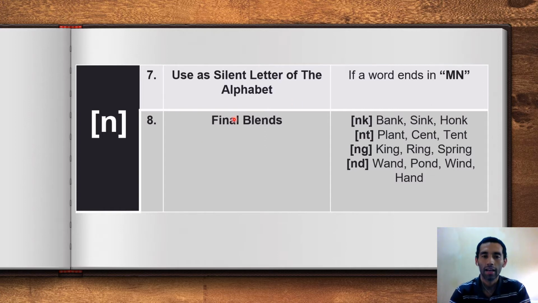Finally, I have the final blends, and we have enk as in bank, sink, and honk, ent as in plant, scent, ten, eng as in king, ring, spring, and end as in wand, pound, win, and hand. So this is the whole information about this phonetic symbol N, and now we will see more examples and practice. So let's continue.